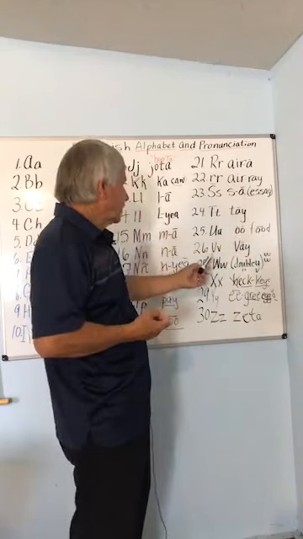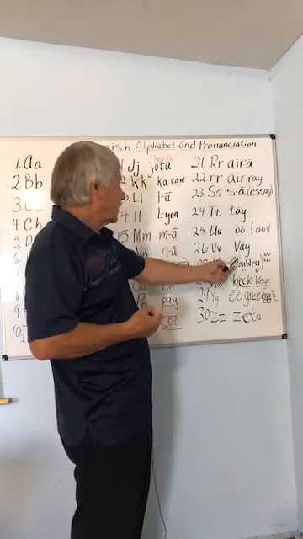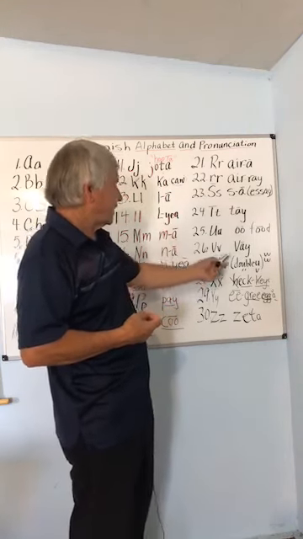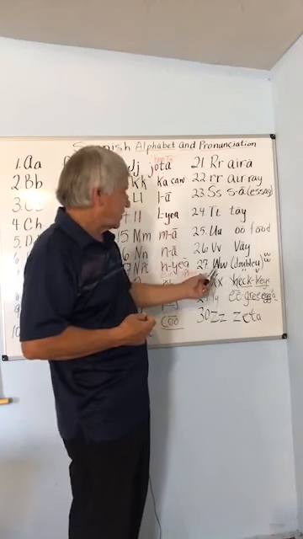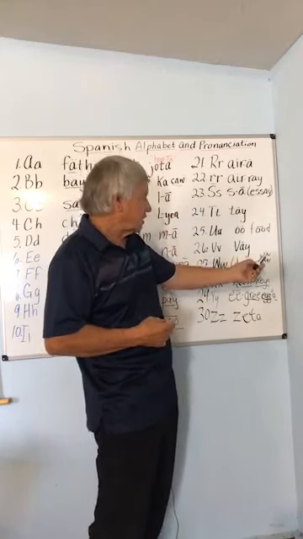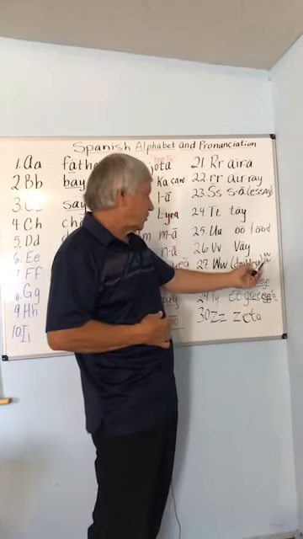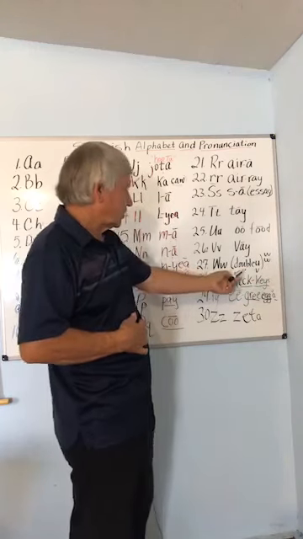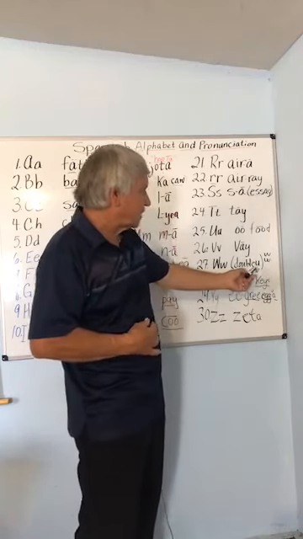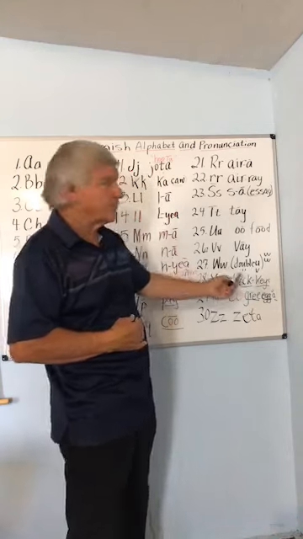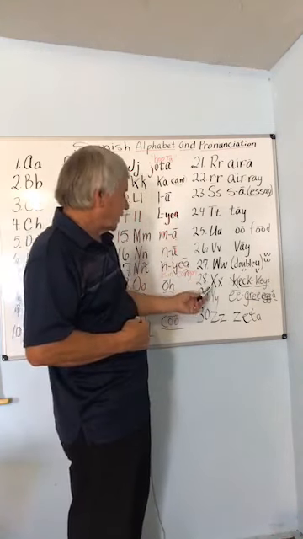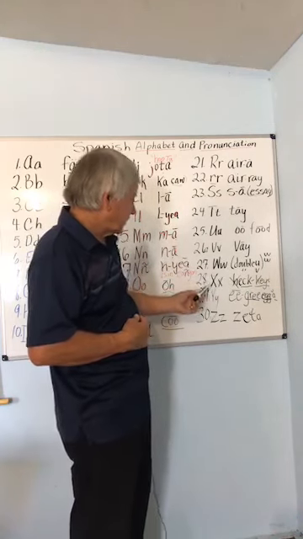U. Okay. And then the ve, 26, ve. And 27, doble ve, or doble u, remember? Or you could do it the other way. Doble means double. W or double V. I've heard both, okay?